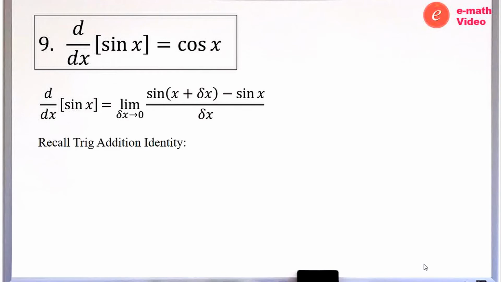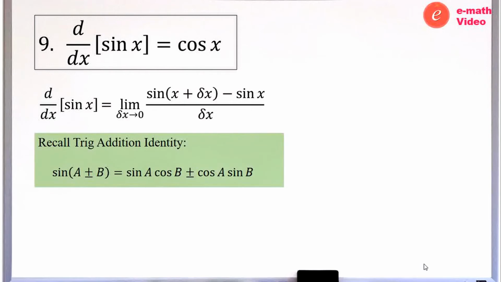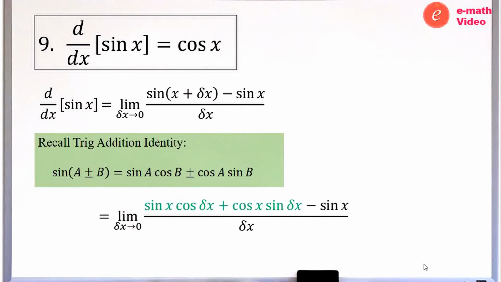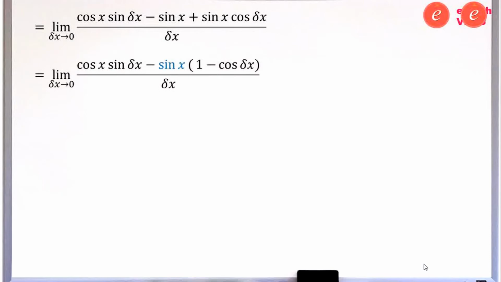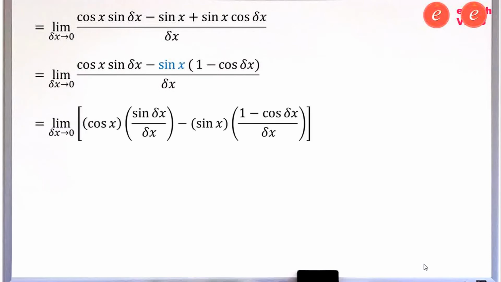And we recall our addition identity: sin(a plus or minus b) equals sin a cos b plus or minus cos a sin b. So we will substitute this into the expression with green color. Now we will rearrange the expression. Then factor out sin x in blue, separate the fraction, and factor out cos x and sin x.